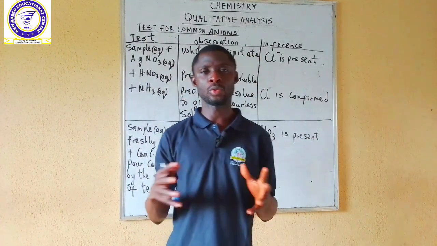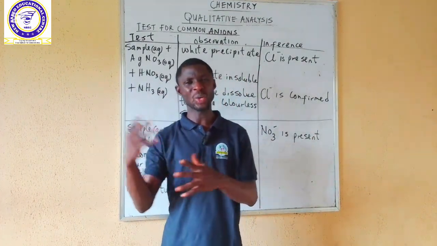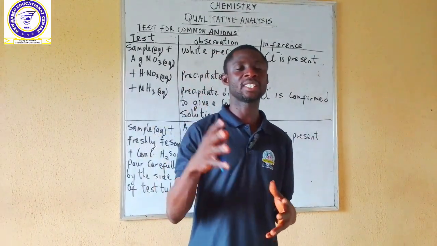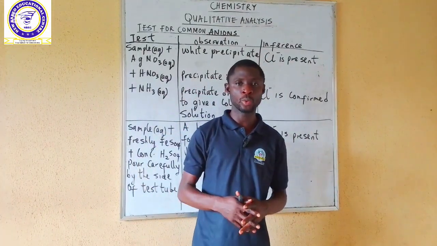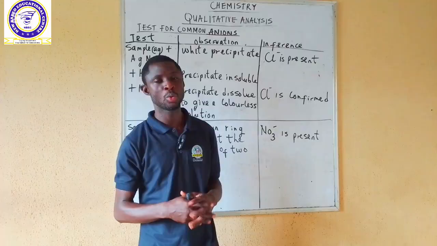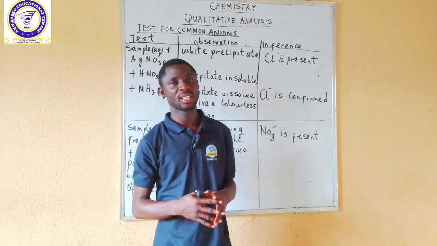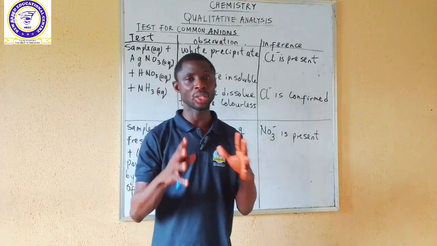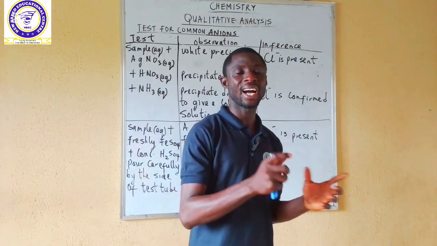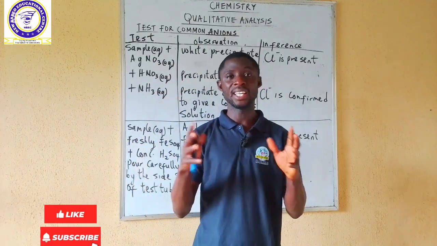Today I would like you to follow me through the class, where I will simplify it and show you tricks and methods on how to detect anions present in a chemical sample and how to answer questions correctly in your examination hall.